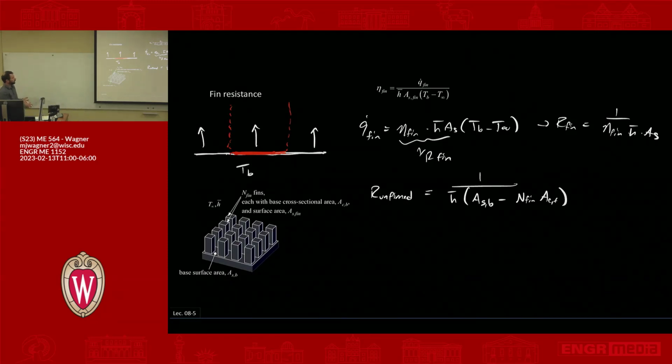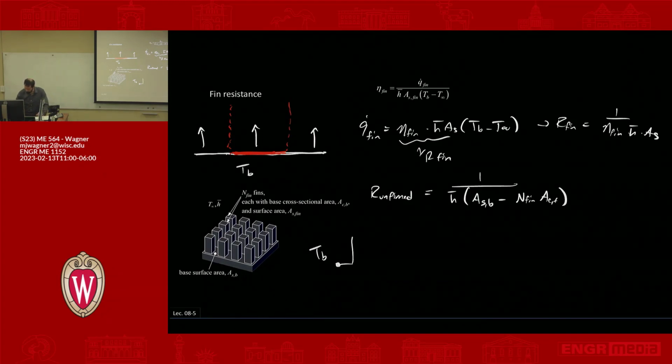All right, so you have these two fin resistance formulas. Now if I'm going to build a model of this, I can use a resistance network to look at the overall heat transfer. So this resistance network might look something like the following. Over here we have T_B, and then we have, in parallel, heat transfer through fin 1, through fin 2, 3, and so on, and parallel heat transfer with the base to the surroundings.